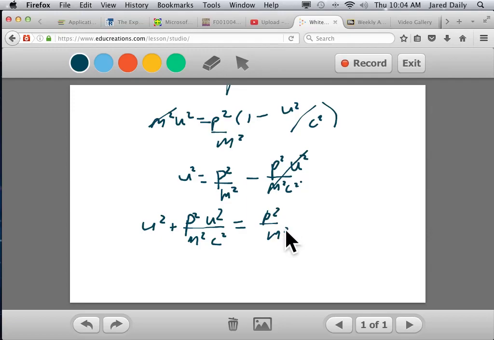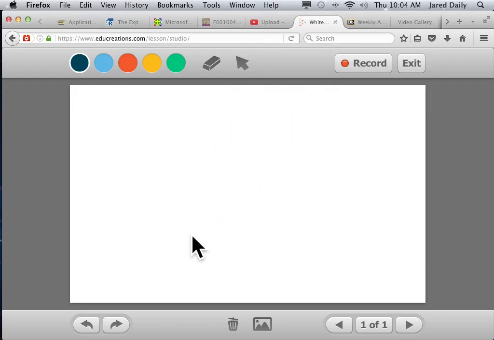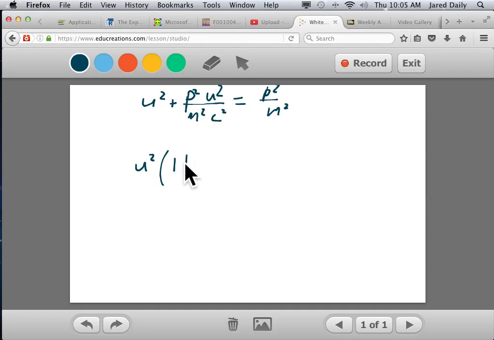All right? And then we're going to factor out the u squared on the left-hand side. So we're going to get u squared times 1 plus p squared over m squared c squared, equals p squared over m squared.